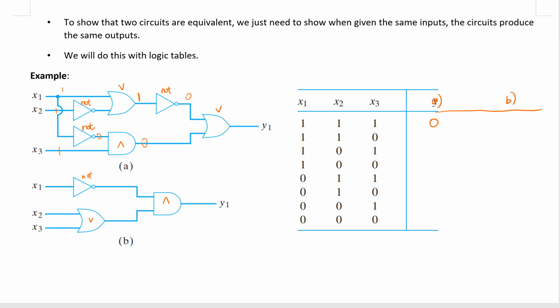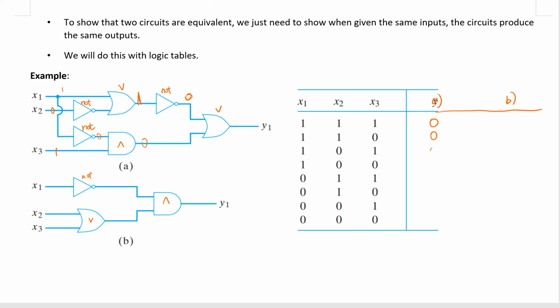Okay, next 1 1 0. If this is 0, how would that change? So 0 and 0 is still 0. We still have the same result, right? Then 1 0 1. So not 1 is 0, and this is 0. Okay, and then how about this guy? This is 0 1 and 0 is 0.